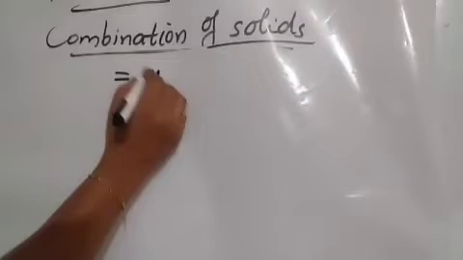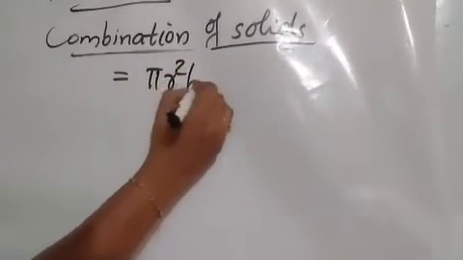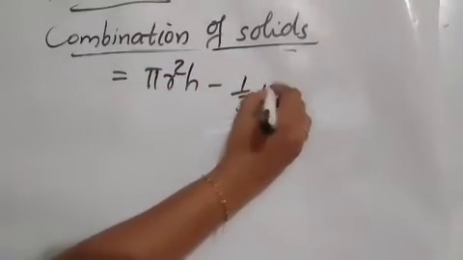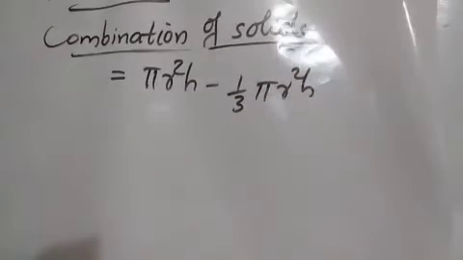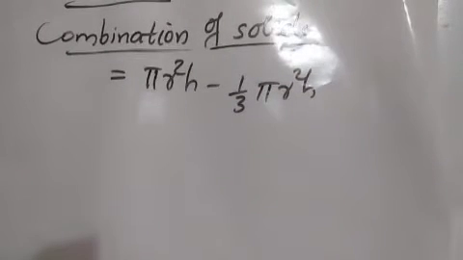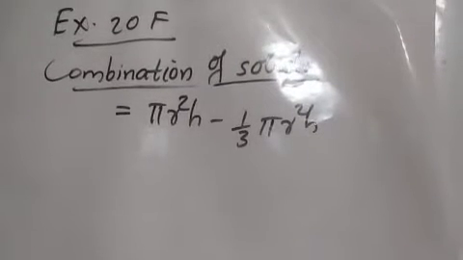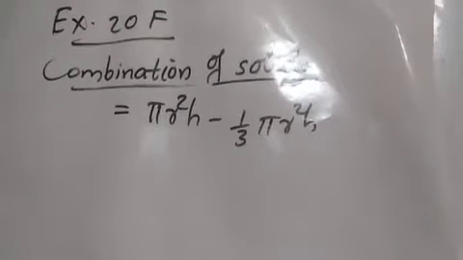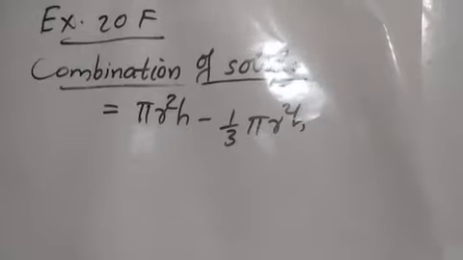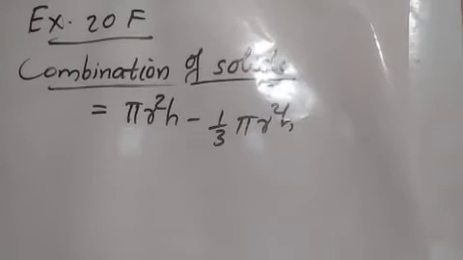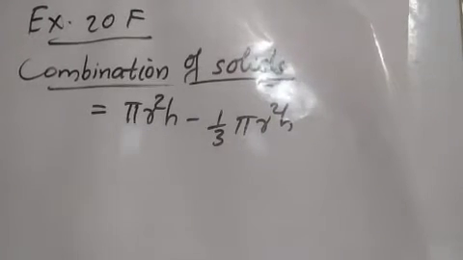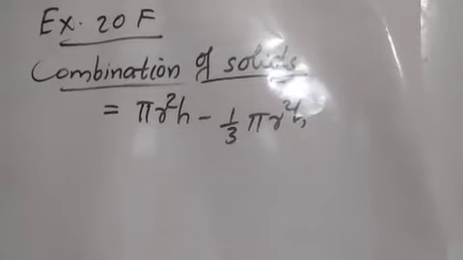That's equal to pi r square h minus 1 by 3 pi r square h. Here the radius and height are same for the cone and cylinder. That's why no change in the letters, no need to replace them. We can use the same r and h here.